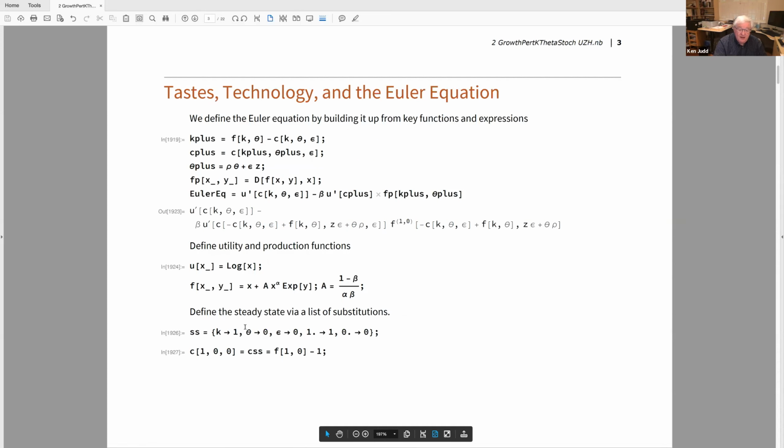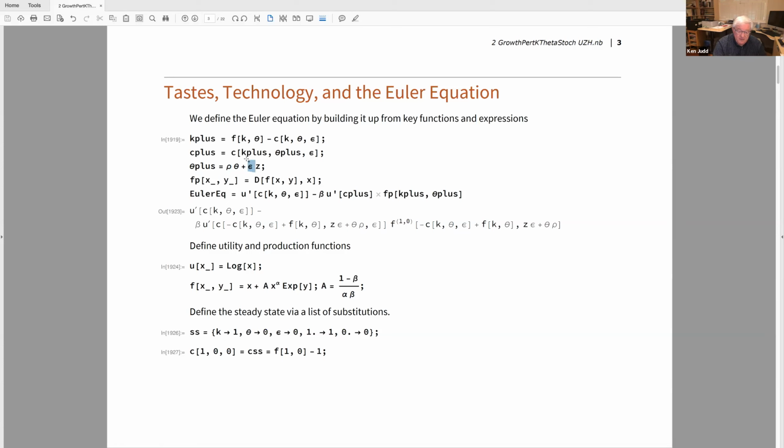Now, here we see tomorrow's theta, theta plus, is today's theta multiplied by some factor rho, which is going to be less than 1, and then you add some noise to it.